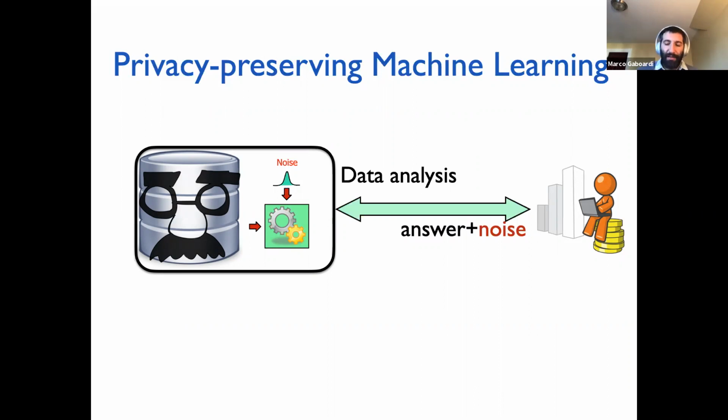I spent quite a lot of time working on a notion of privacy called differential privacy, which is a rather simple idea: adding some randomness to a data analysis, for instance adding noise to the answer of the data analysis so that the noise can protect the individual records in a data set.